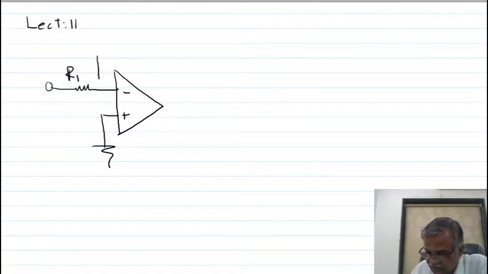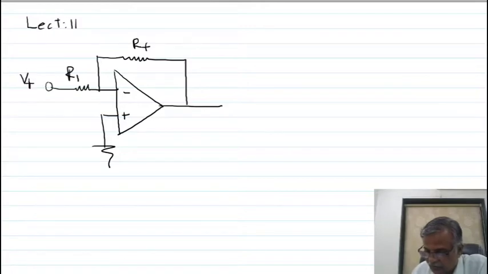This is the resistance R1, your feedback resistance is RF, this is your input V1, this is output VO, between these two is VI, and this voltage I am writing as VA.